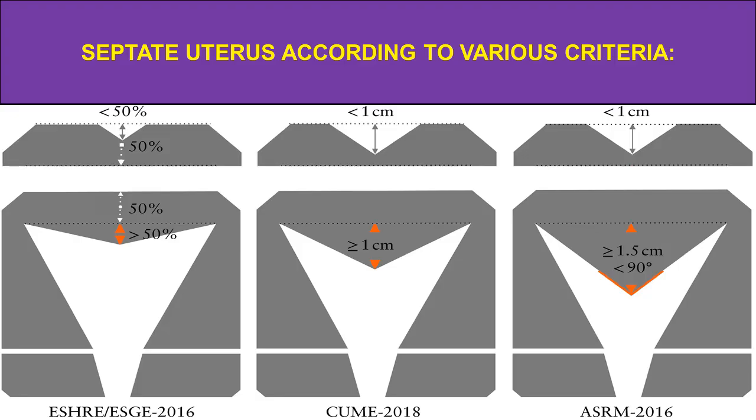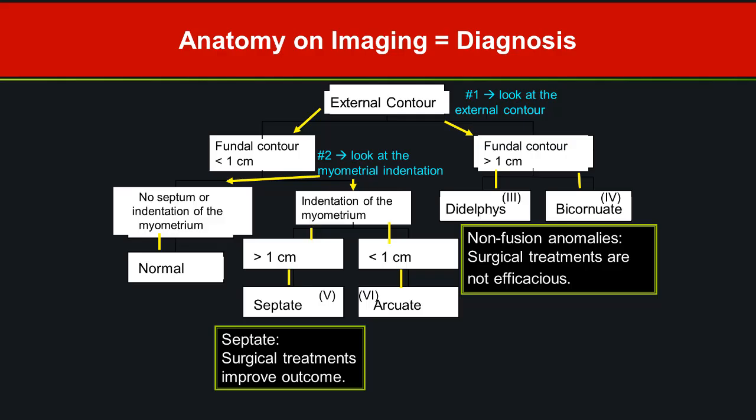Now, this is the diagram we suggest, which gives a classification of a septate uterus of ESG classification and CUME, that is Congenital Uterine Malformation Expert Committee, and ASRM classification. ESG always talks in terms of percentage, but the rest of them talk about centimeters. This is the diagram which shows what you are going to see on sonography.